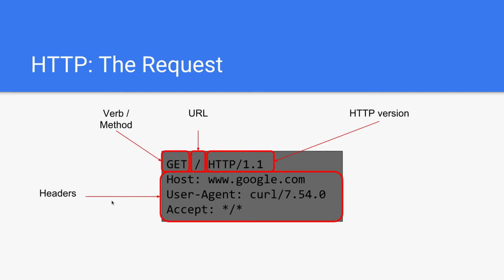So I'm actually looking at google.com, and this will allow different web servers to actually host multiple sites with the same physical hardware. And then in some web requests, not in this one, but in many web requests, we have a body of the request. And that's when we actually want to send a representation of a resource up to the server. And we'll get into what some of those verbs are that take bodies in just a moment.